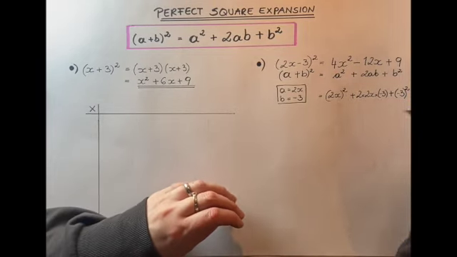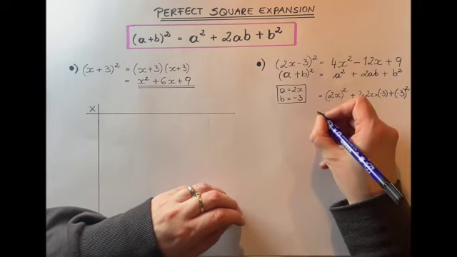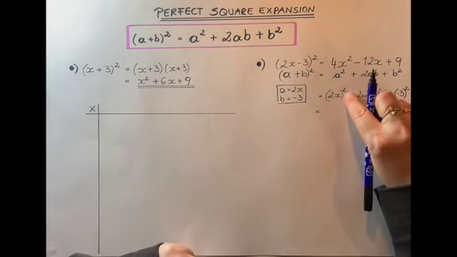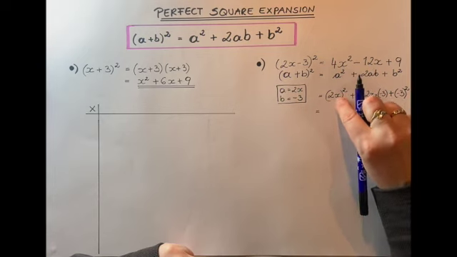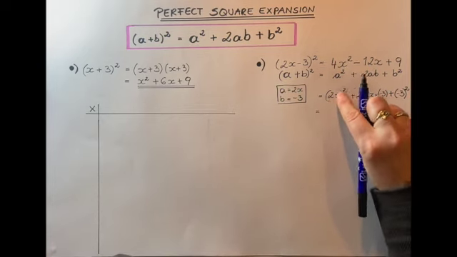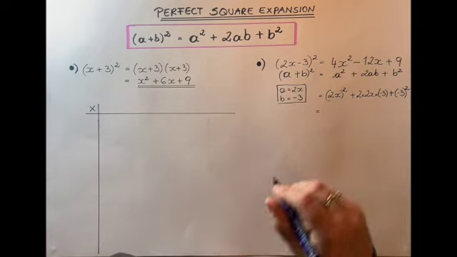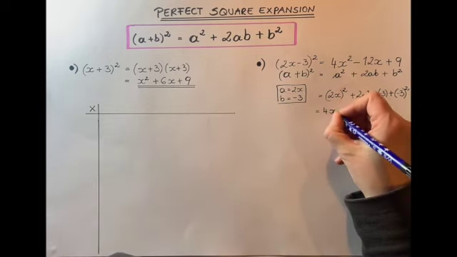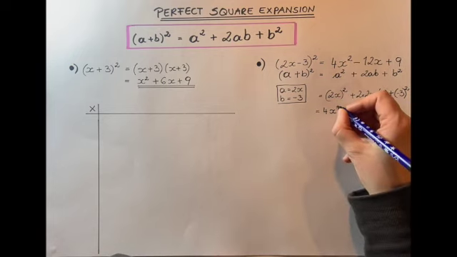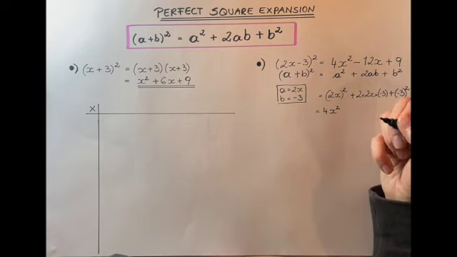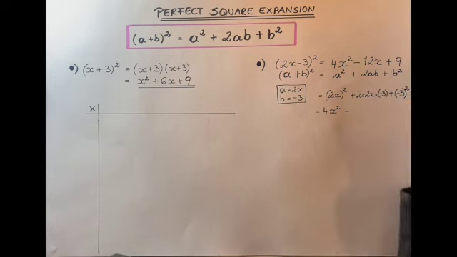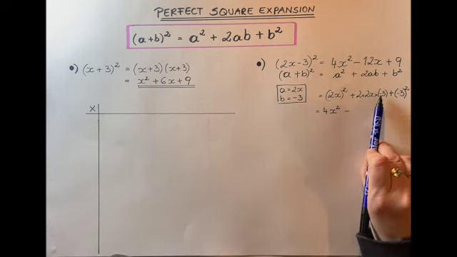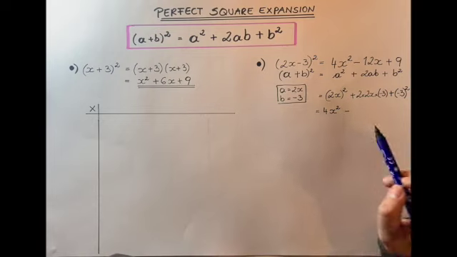Now let's have a look how we can simplify that. You learned in one of the last chapters, index needs to be applied to both terms in the bracket. 2 squared is the same as 2 times 2, giving you 4. X squared gives you x squared. Plus times minus gives us a minus.